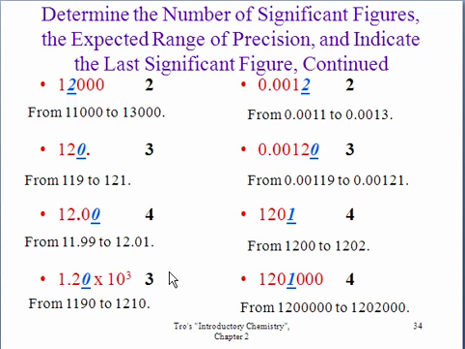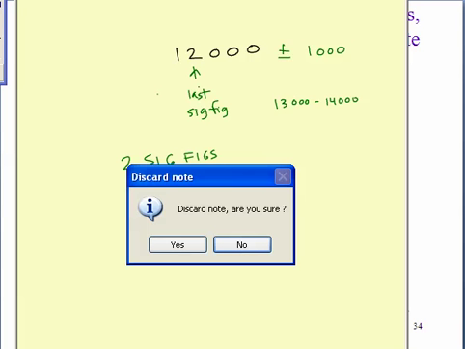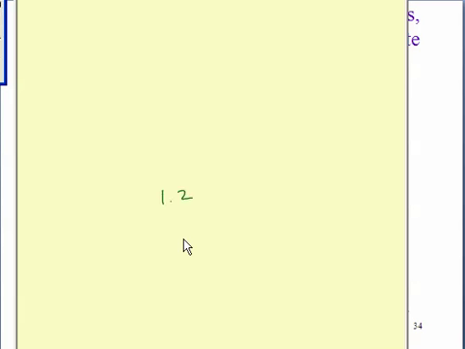So if we look at this, 1.20 times 10 to the 3, that's where our last sig fig is. I write this out in standard notation. That is where my last allowable digit is, this first 0 here.